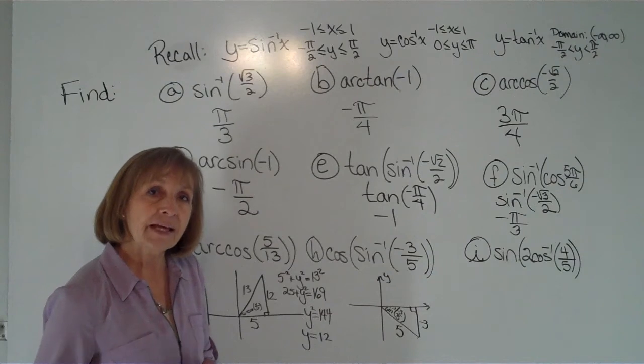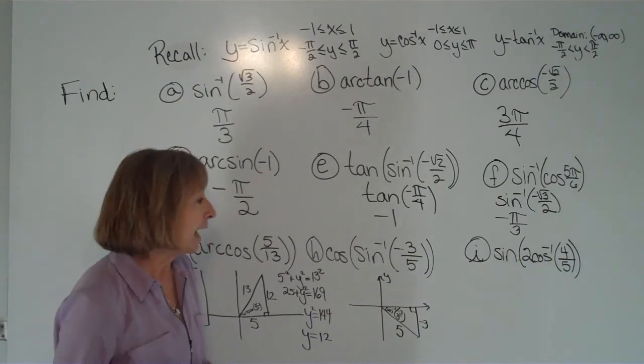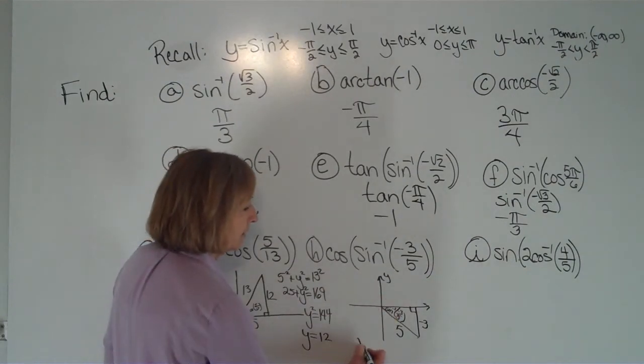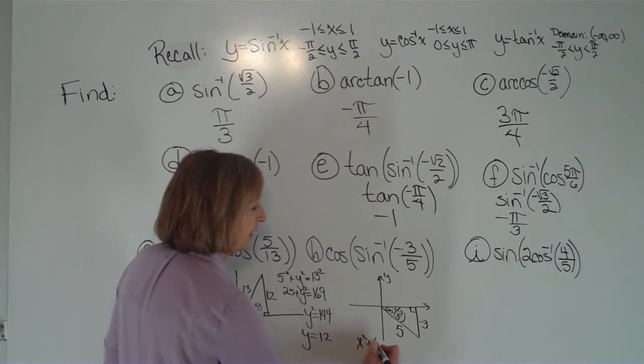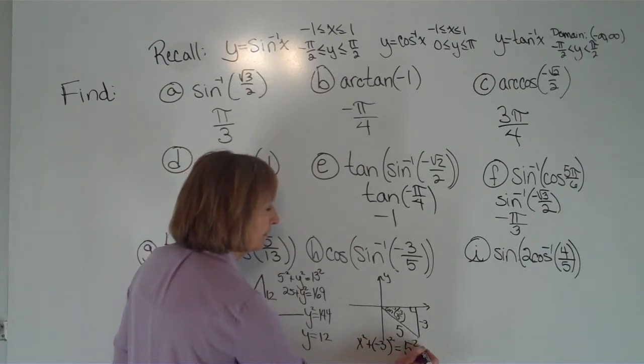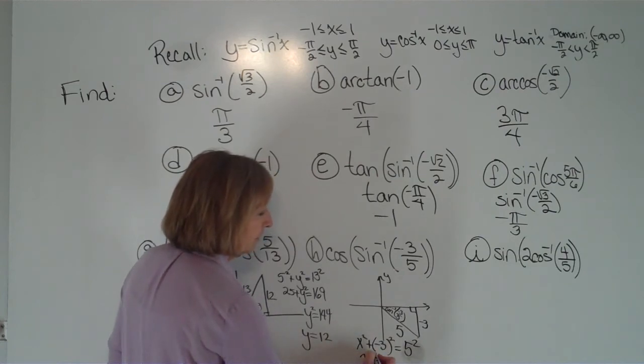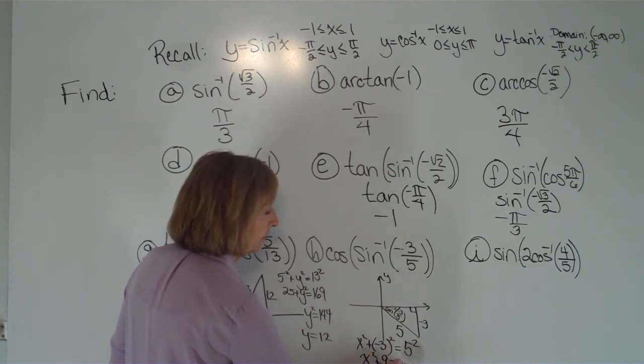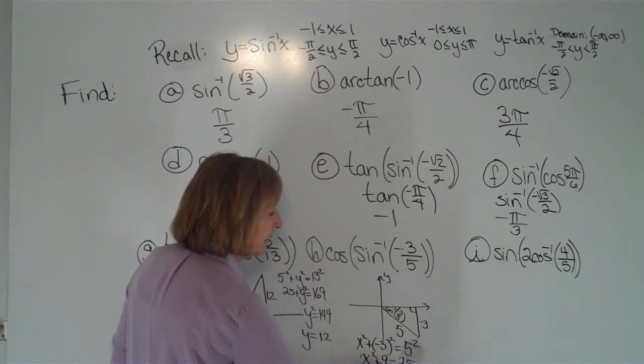And when you do the Pythagorean Theorem, you'll get x squared plus -3 squared is equal to 5 squared. So x squared plus 9 is equal to 25. x squared is equal to 16.